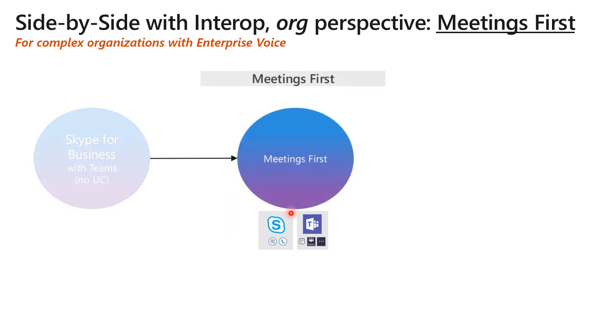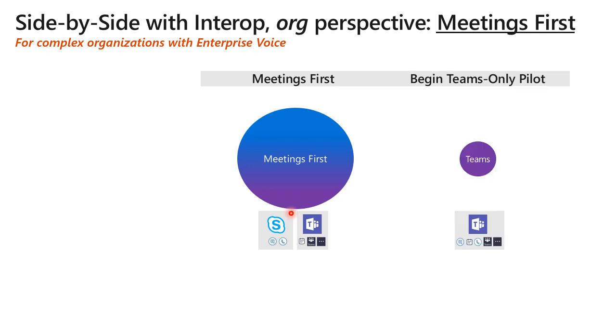Of course, we can then try to take the entire org into this meetings first approach, and then, as a stepping stone from there, much like we saw before, we begin with a pilot, a second set of pilots for the Teams only environment. And again, we've got another adoption work stream that comes in here that ensures our folks understand that at this particular point, this set of users are now in Teams. Everybody else is still in Skype. So much like we said before, there's an interop environment happening here, and interop threads that are going to be established.